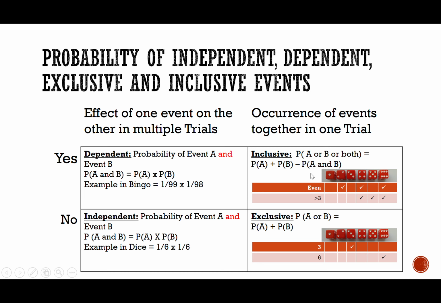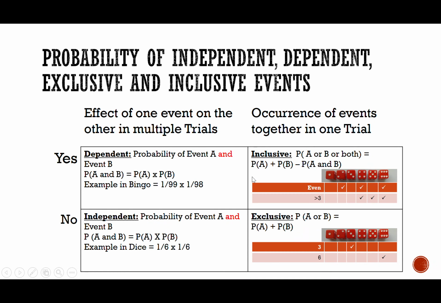To remove that double counting, we are subtracting the probability of A and B. Now in an exclusive event, for the probability of A or B, we are just calculating the probability of A and the probability of B, because there is no duplication or occurrence happening together twice at the same time.